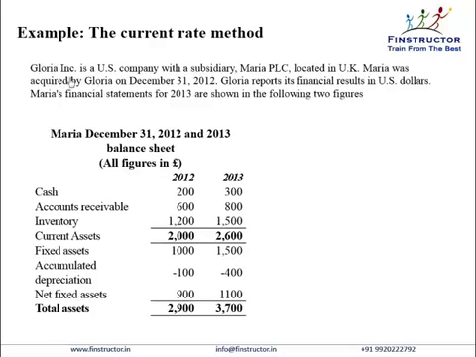So Gloria Incorporated is a US company with a subsidiary Maria PLC located in the United Kingdom. Maria was acquired by Gloria on December 31st, 2012. Gloria reports its financial results in US dollars. Maria's financial statements for 2013 are shown in the following two figures.